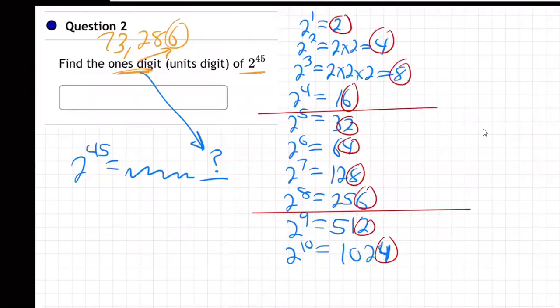This time it's 4 numbers in a repeating cycle. Okay, great, excellent. So now how can we use that information to go all the way out to 2 to the 45th power and find the ones digit?